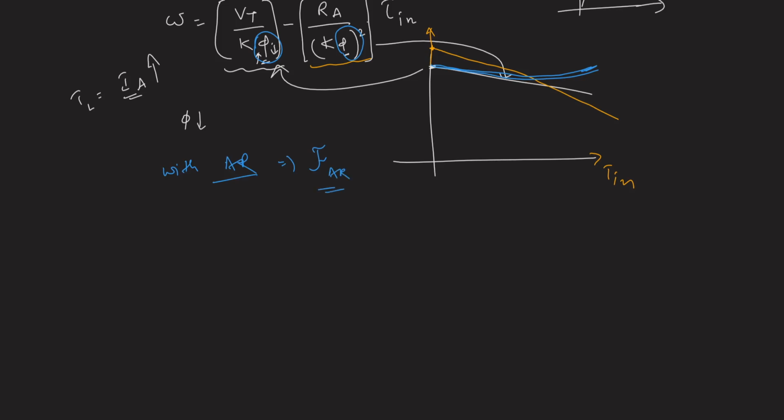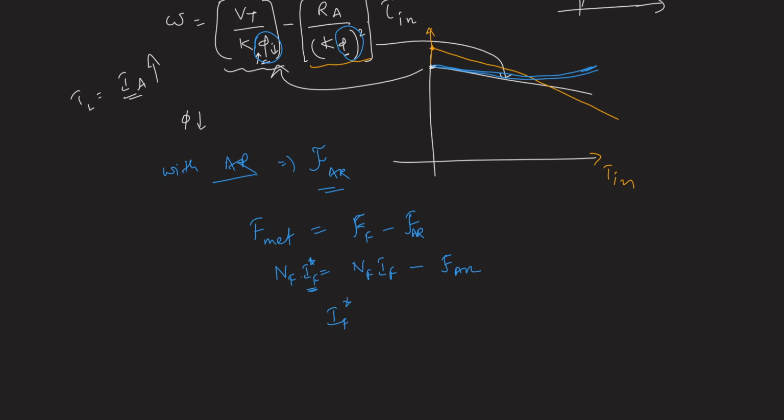The net MMF in the machine will be the field MMF minus the armature reaction MMF. The field MMF is NF into IF, minus the armature reaction MMF, and this net MMF means NF into IF star, the equivalent field current, which we need to find out.